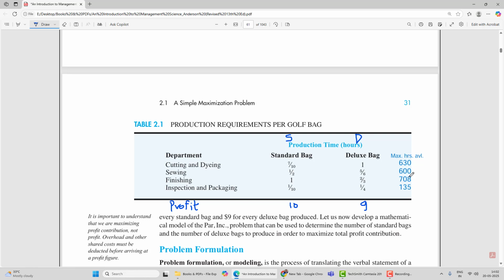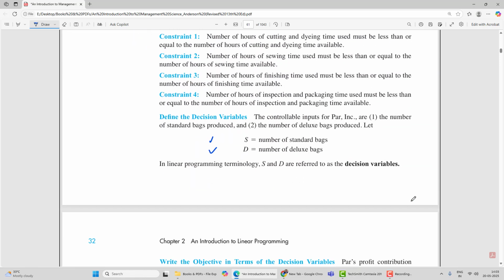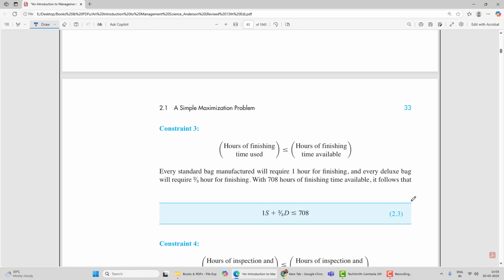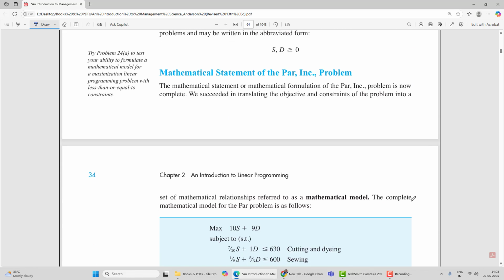Like this, I am going to write the constraint equations with respect to the hours available. So my model for linear programming will look like this.